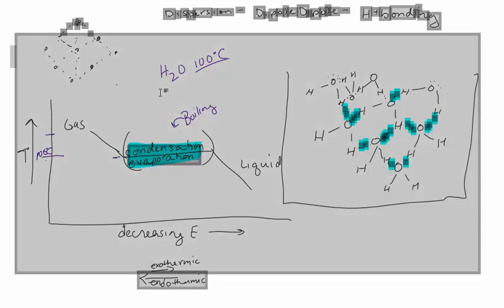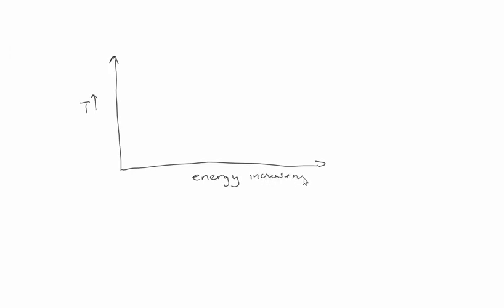Now, I'm going to draw this diagram the other way. So if we still have over on this side our increasing temperature, and over here now I'm going to make it so that energy is increasing. So that puts the gas phase up here. Then I have a point and a plateau.